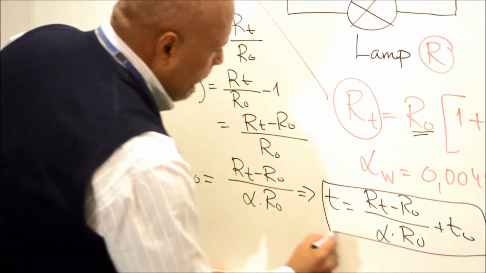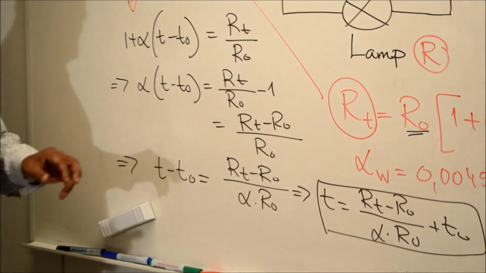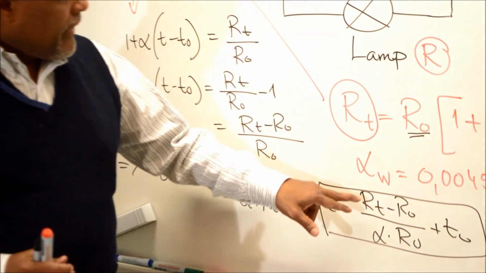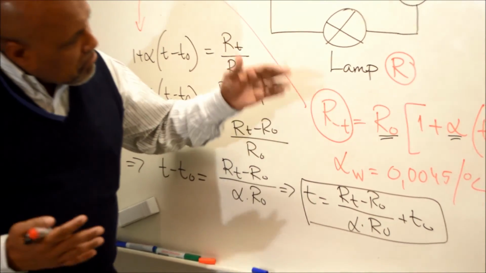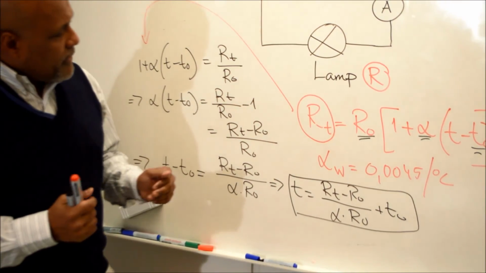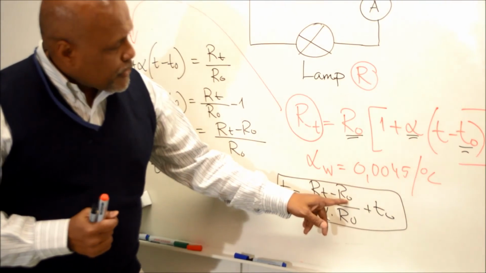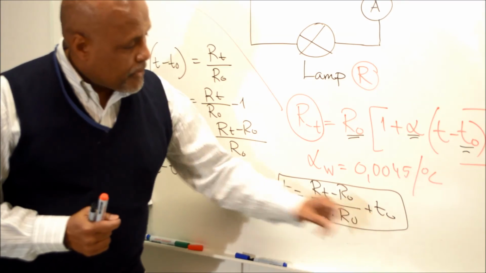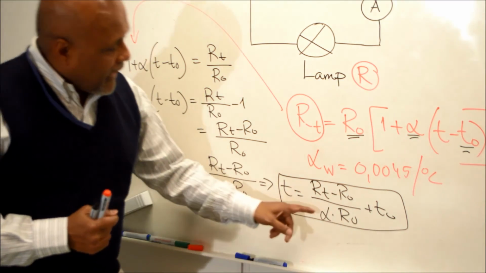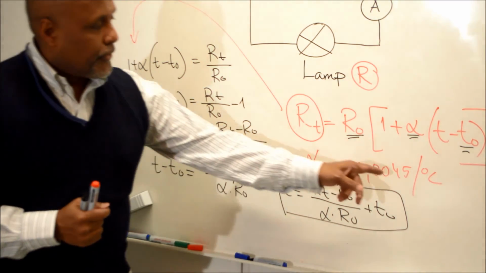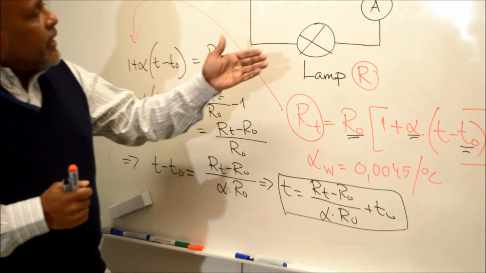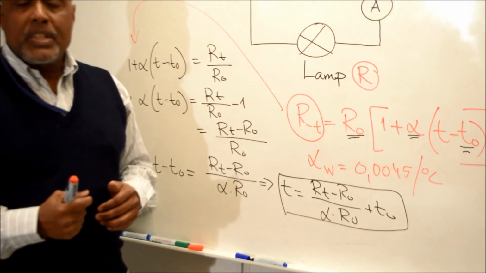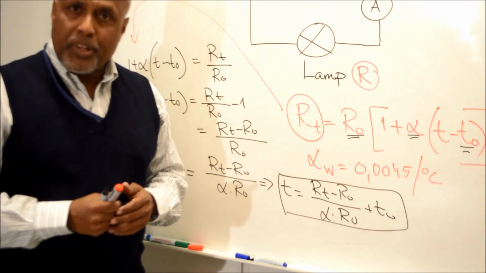So we see that if we know the resistance at an unknown temperature, and what we knew before at room temperature, and alpha for wolfram is also known to us, then we can calculate the temperature. So the lamp can be used as a sensor to measure temperature.